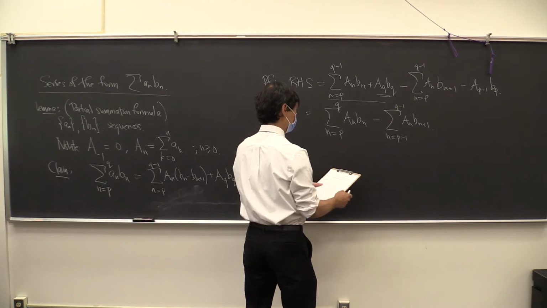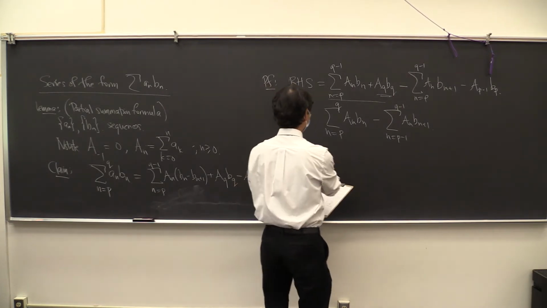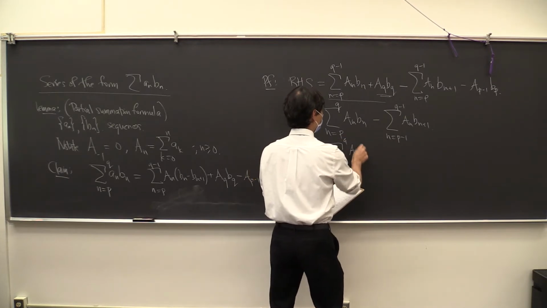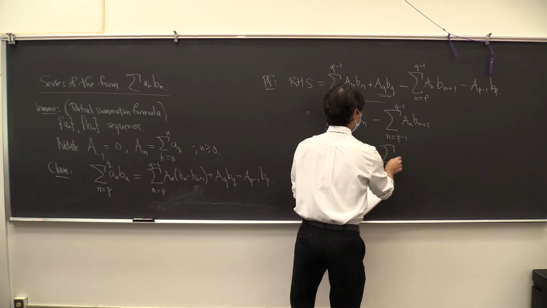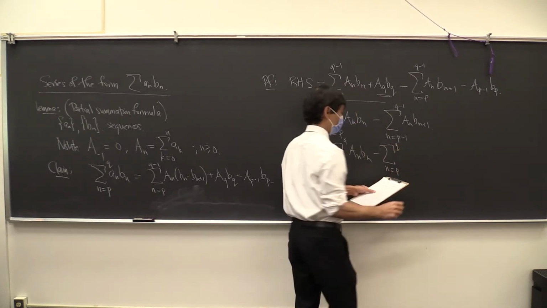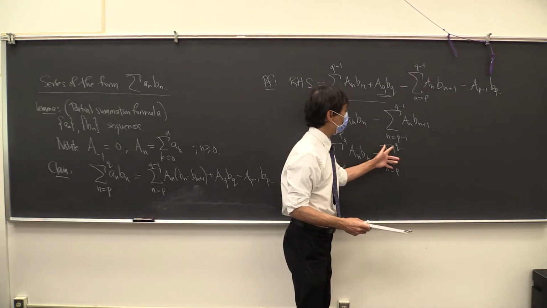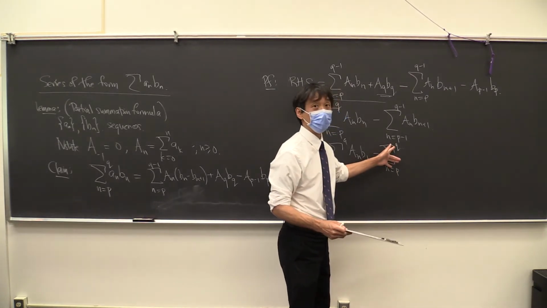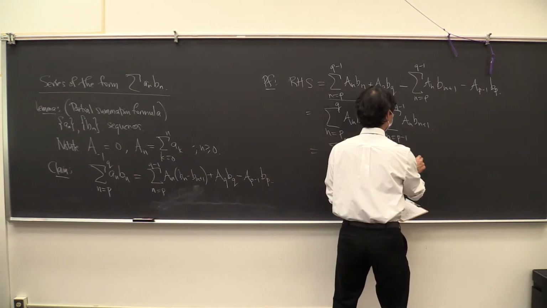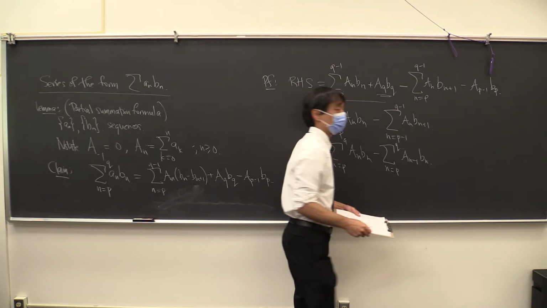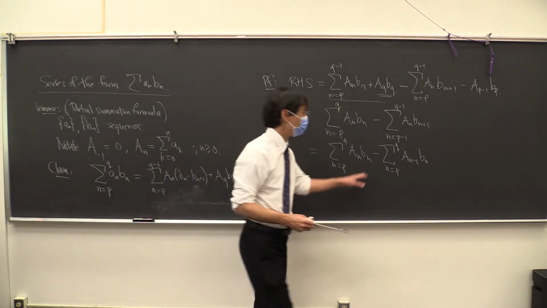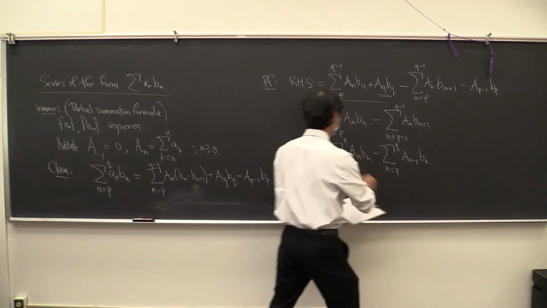Let's see what we do next. Again, nothing too exciting. We don't do anything to the first term, and we re-index the second so that it goes from p to q. We increase the index by 1, so we have to decrease it by 1 elsewhere also. We're just re-indexing the second term, and then we combine them together.